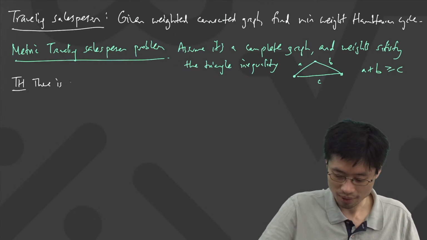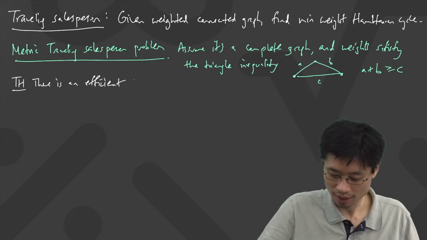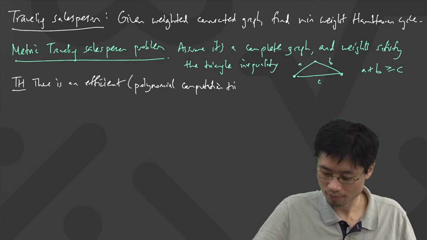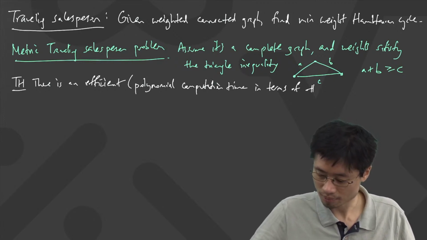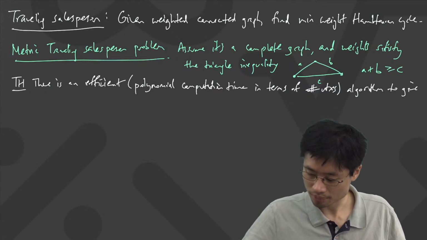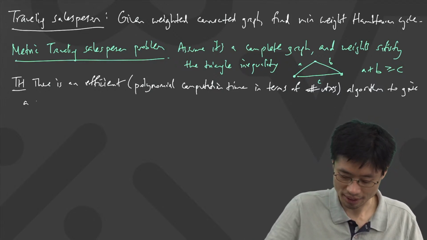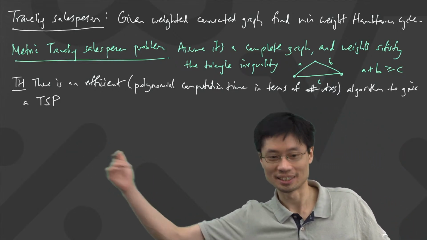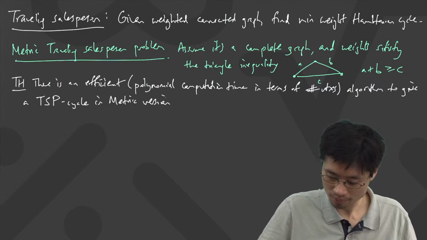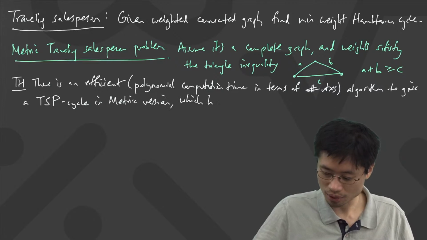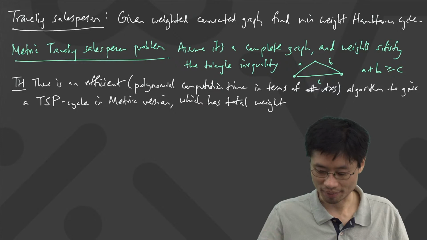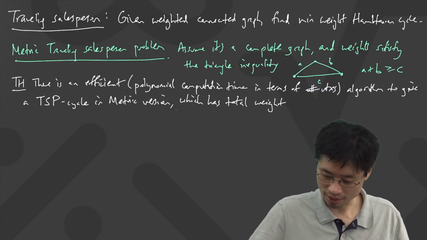There is an efficient algorithm, and efficient means polynomial time in the number of vertices, to give a traveling salesperson cycle, I'll call it TSP, in the metric version, which has total cost, total weight, which is at most 2 times the optimal traveling salesperson cycle cost.